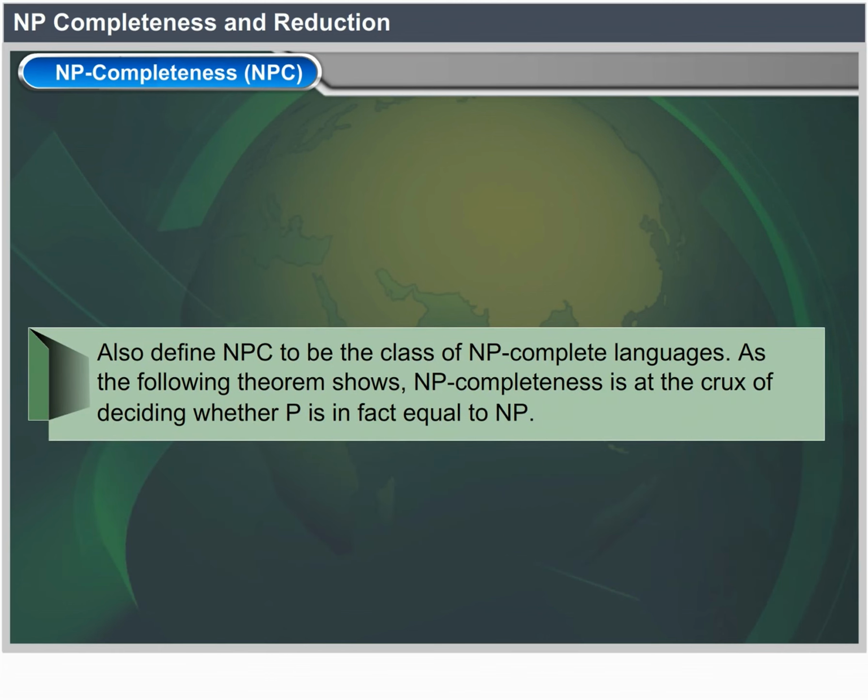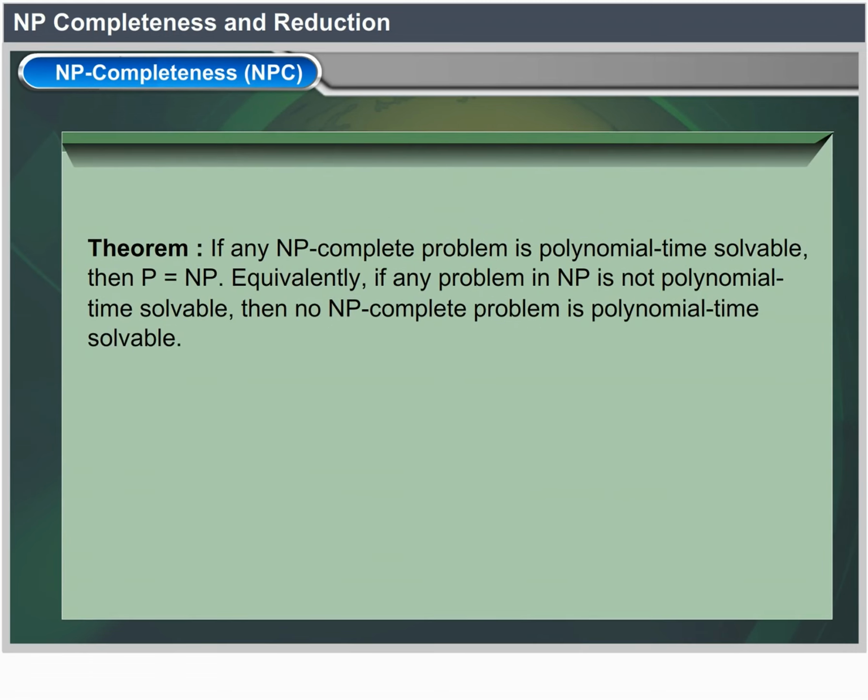As the following theorem shows, NP-completeness is at the crux of deciding whether P is in fact equal to NP. Theorem: if any NP-complete problem is polynomial time solvable, then P equals NP. Equivalently, if any problem in NP is not polynomial time solvable, then no NP-complete problem is polynomial time solvable.